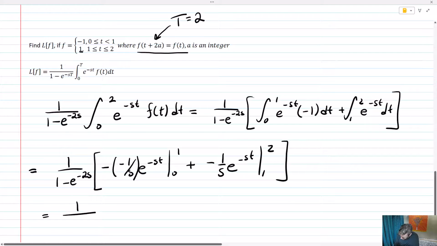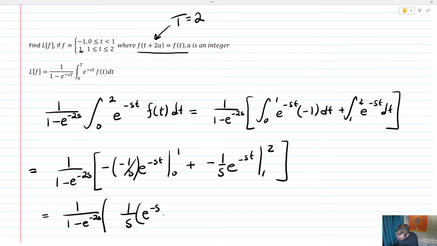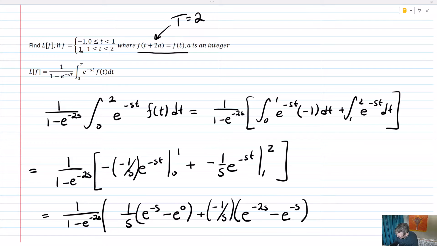This is going to give me 1 over 1 minus e to the negative 2s, and then 1 over s times e to the negative s minus e to the 0, plus negative 1 over s times e to the negative 2s minus e to the negative s.